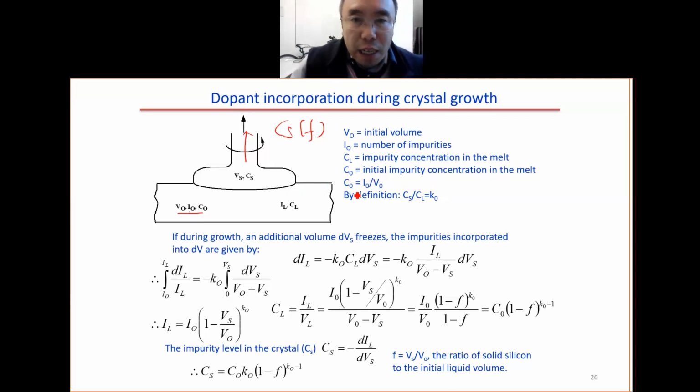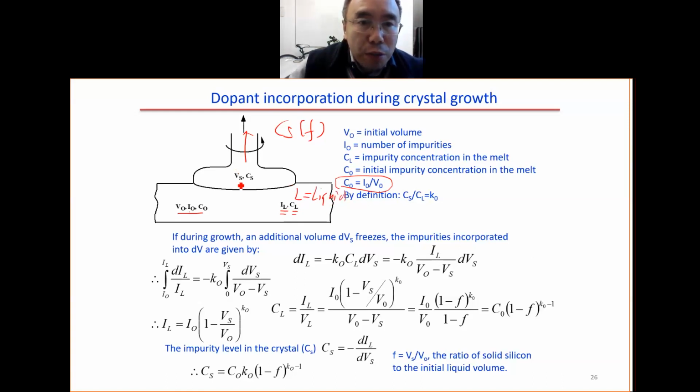Obviously, C is equal to I divided by volume. As the liquid becomes solidified, the total number becomes I and the concentration becomes C, where I refers to the liquid.